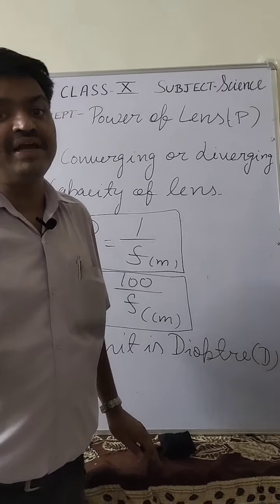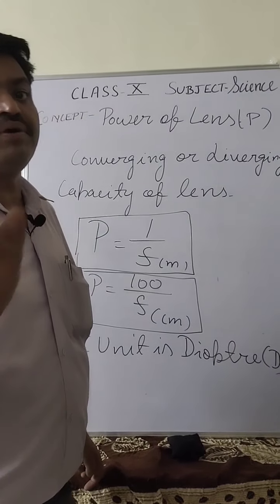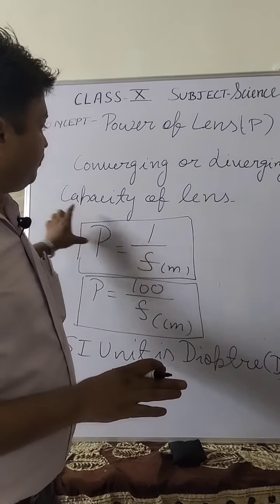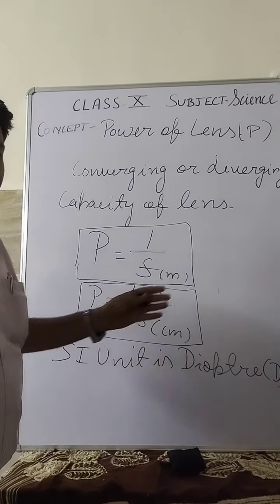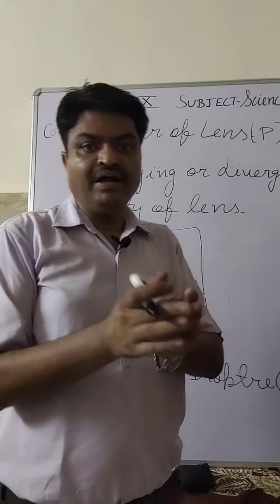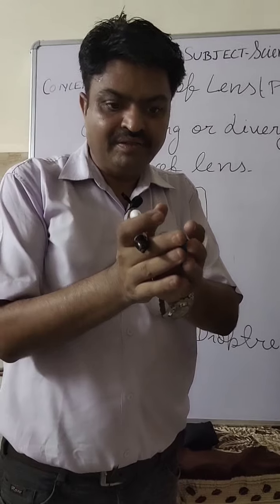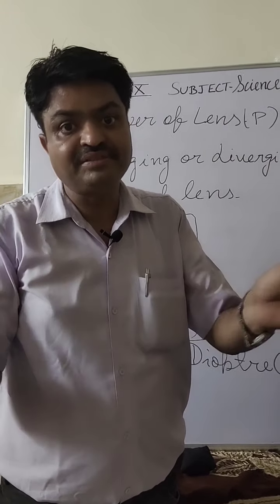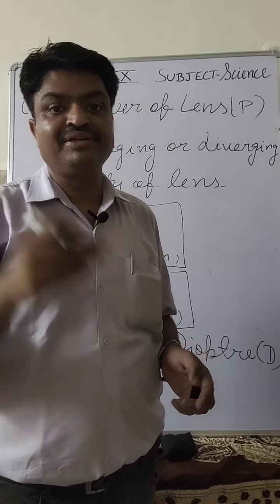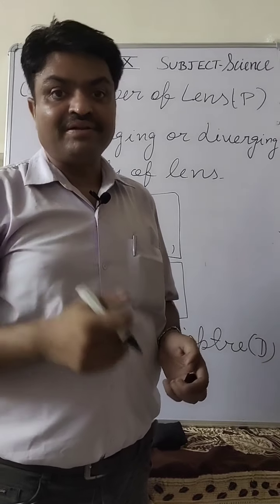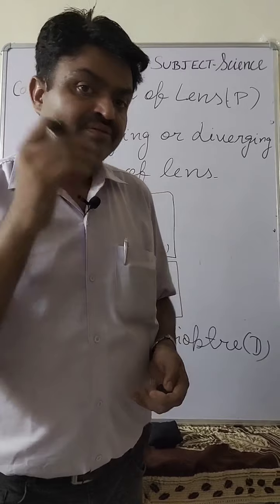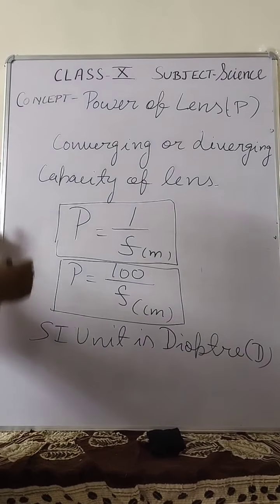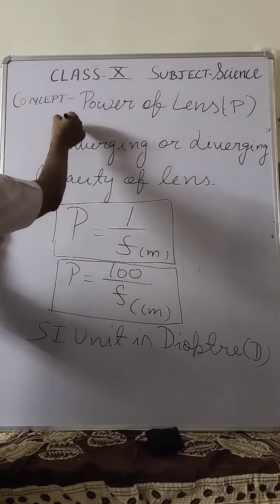Now we come to the next concept, that is the power of combination. When the lenses are arranged one after another, they have the power of combination in series, just like the series combination of resistances you have studied. What is the power of combination formula, student?